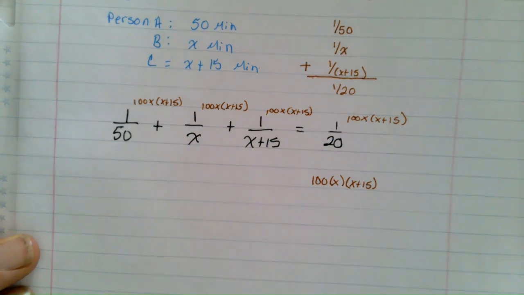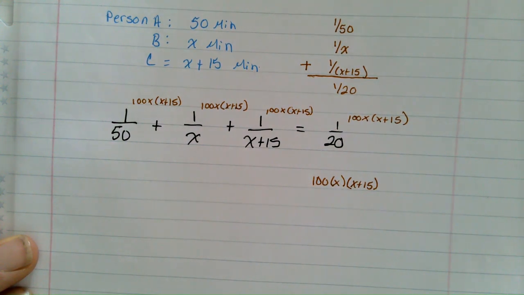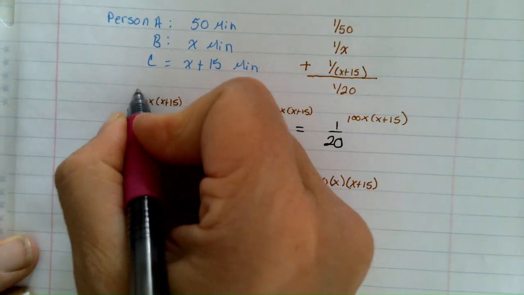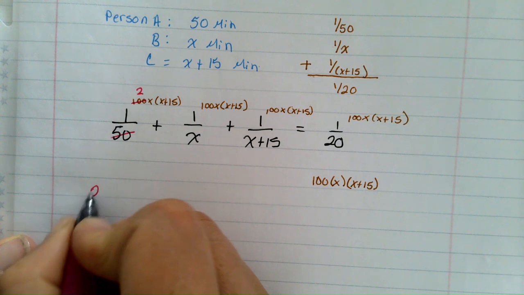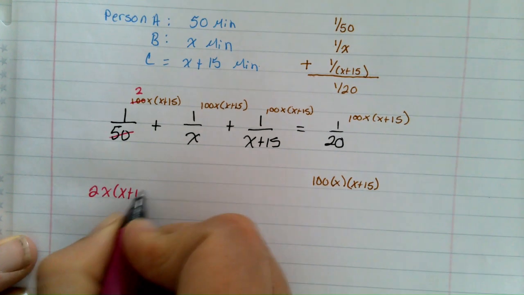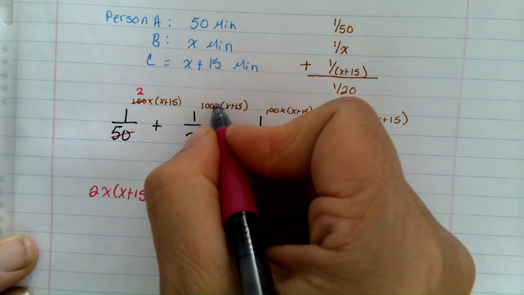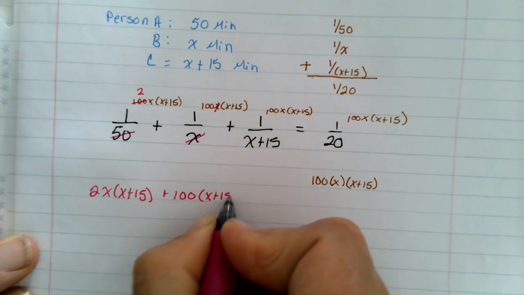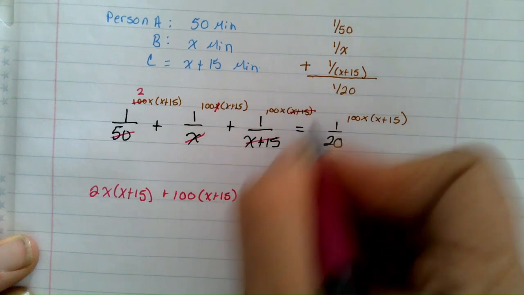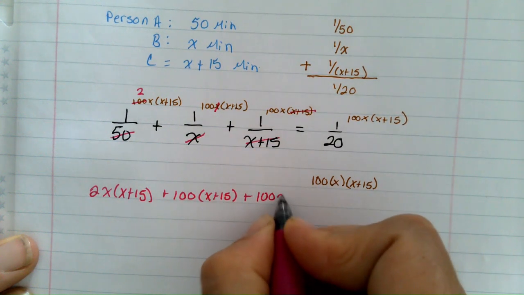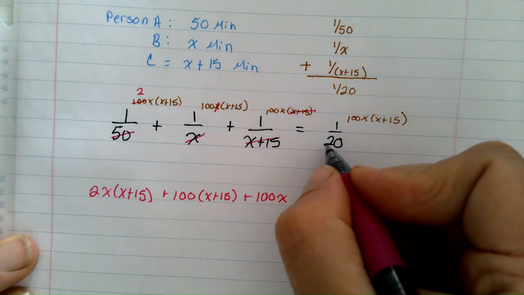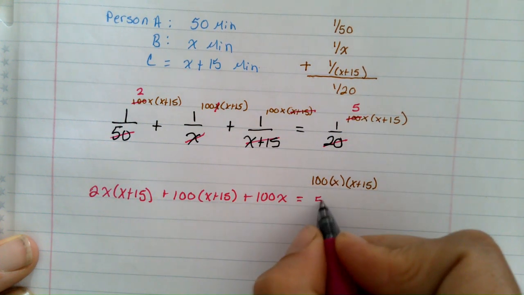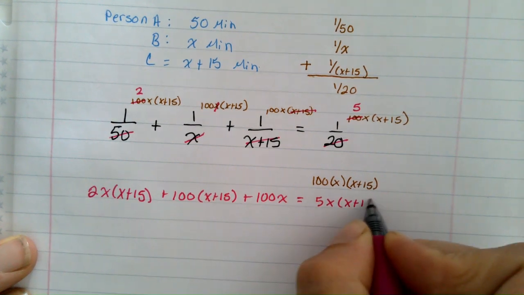Okay, I have it distributed to everything. So 50 goes into 100 twice, leaving us with 2x, x plus 15. X cancels x, so we'll have 100, x plus 15. X plus 15's cancel, so we'll have 100x. 20 goes into 100 5 times, so we'll have 5x, x plus 15.